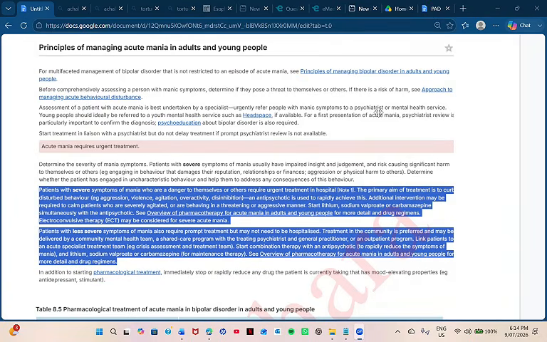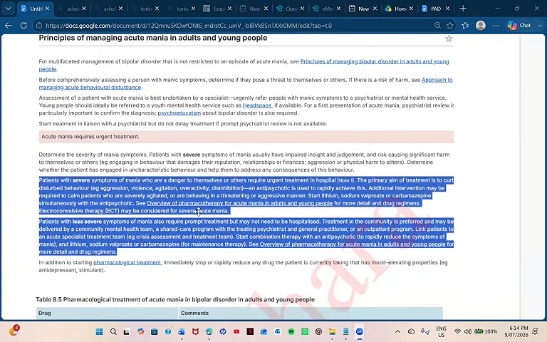Assess the risk to themselves or others, whether psychosis is present, severe agitation present, need of admission, everything you have to assess. Then impaired insight and judgment and risk of causing significant harm to themselves. Then determine whether the patient has engaged in uncharacteristic behavior and help them address any consequences of their behavior.